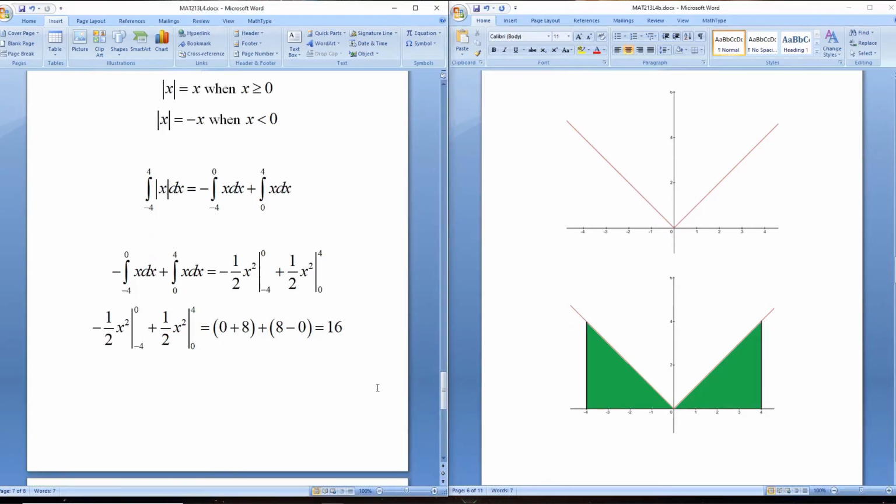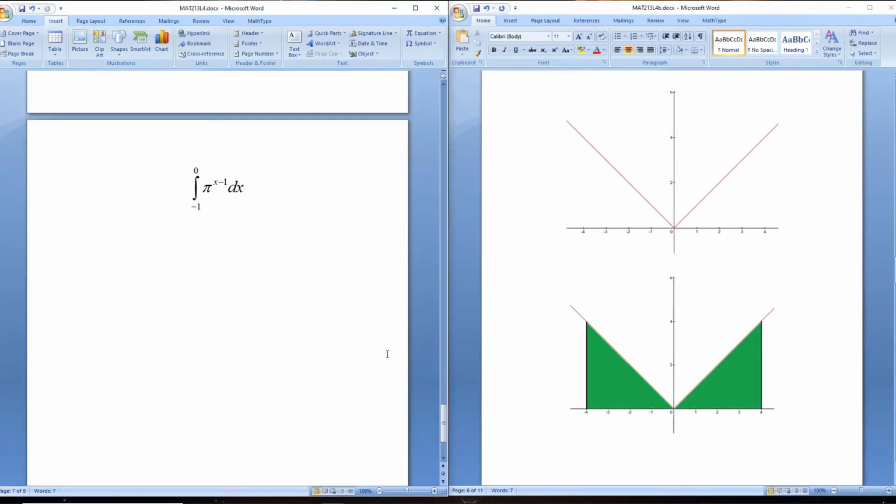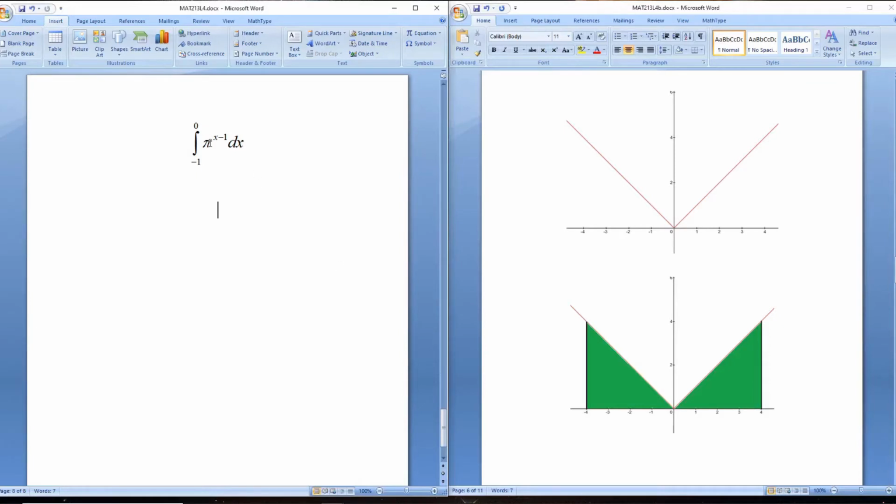So let's try another one. And pi and e tend to mess with people's brains sometimes. I think that's because people tend to see pi as a symbol, which it is, but remember, it's also connected to a number. So I think people sometimes confuse pi and e to be a variable when you need to connect pi and e as being a number.